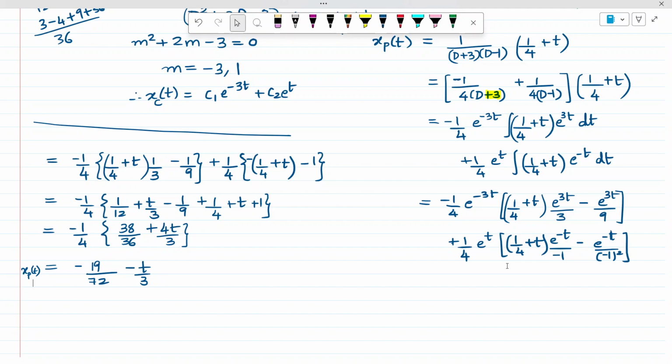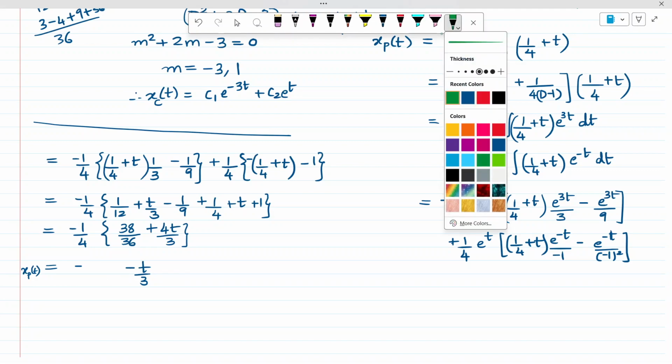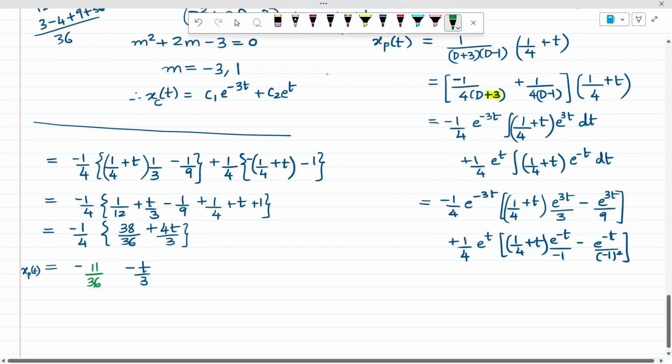Okay, there is some numerical mistake which has happened here. So anyway, is the method clear? Your final answer here should have been negative 11 over 36. So there's some numerical mistake which has happened somewhere here.